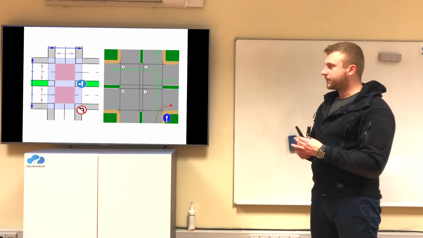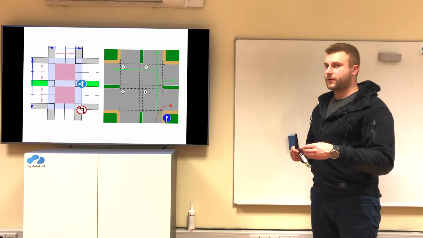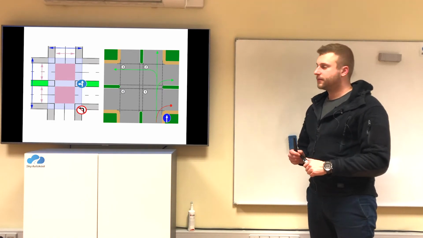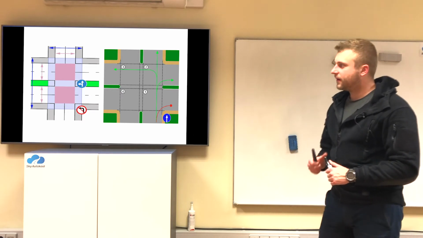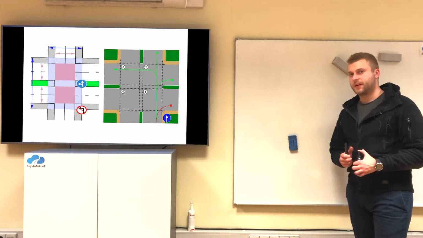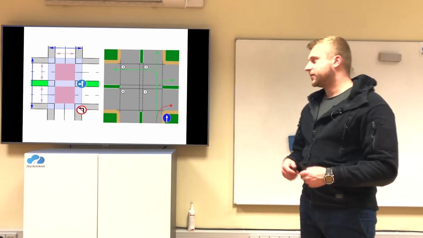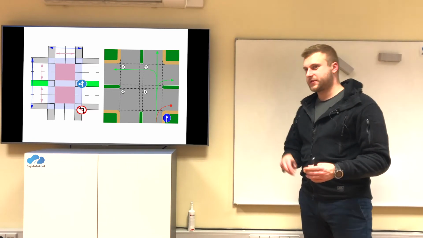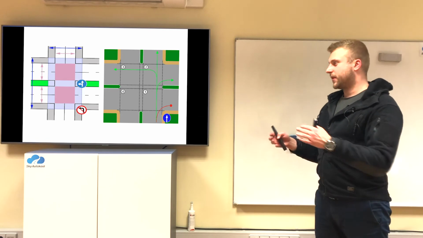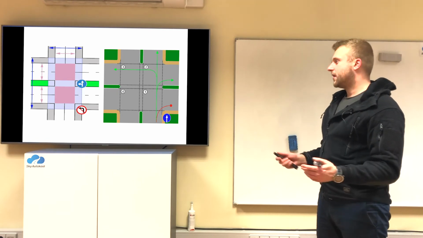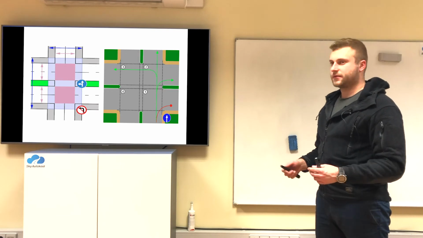At the first carriageway crossing area we cannot turn left. At the second we already can. You see it, yeah? So that's why we need to understand what the carriageway crossing area is, what the crossroads area is, and that's it.